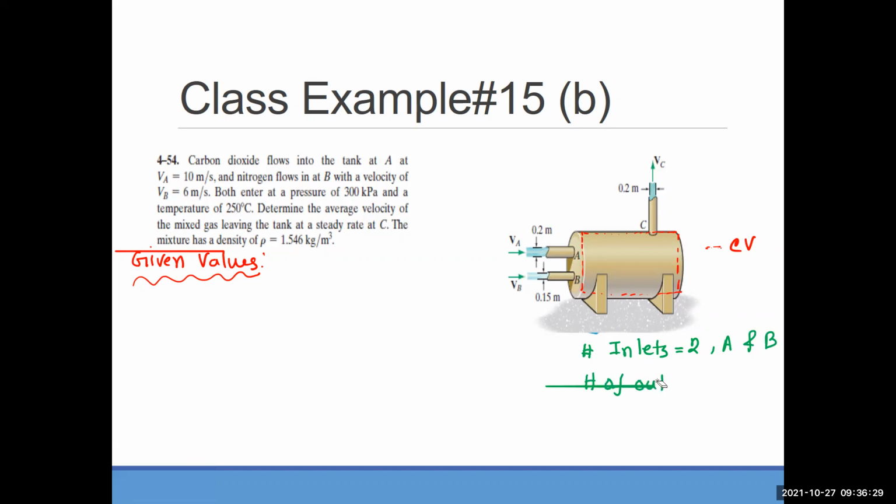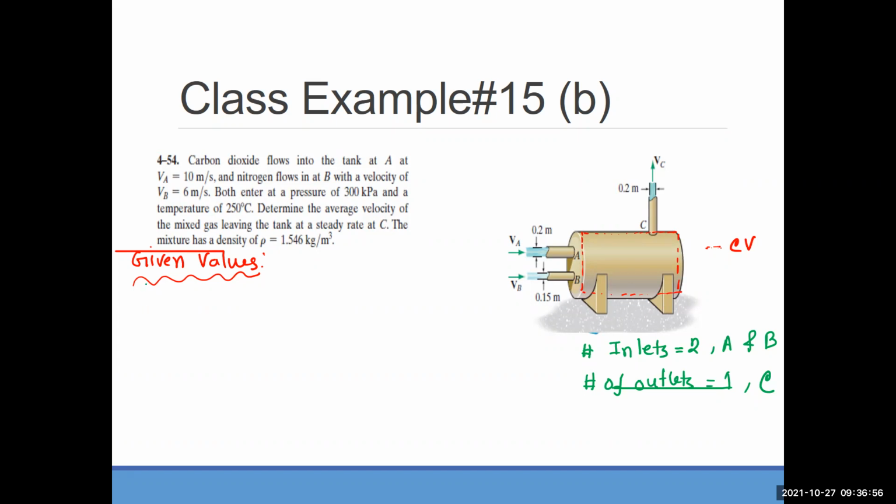Okay, so we have one outlet, which is C, right? So the question is saying through A and B, some carbon dioxide and nitrogen flows, within that control volume they get mixed up, and through C, a mixture of those is coming out.